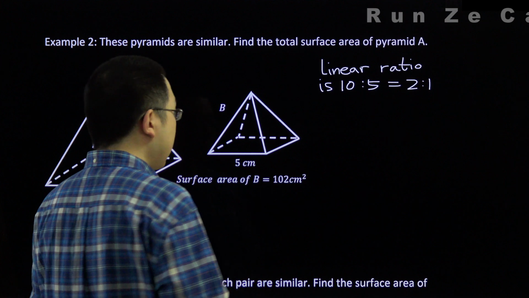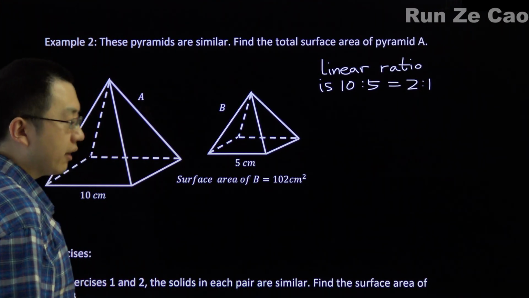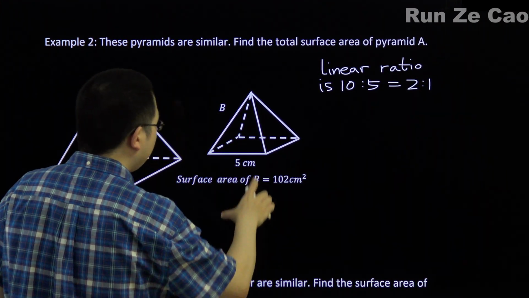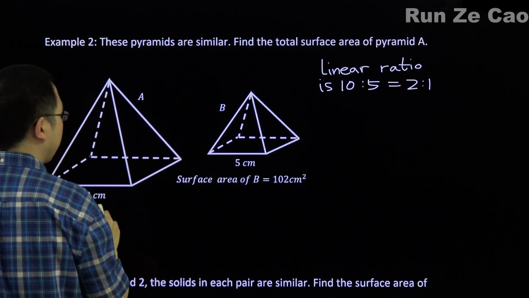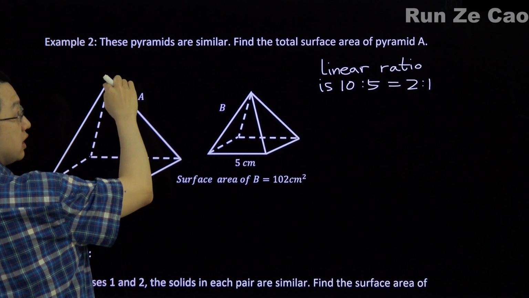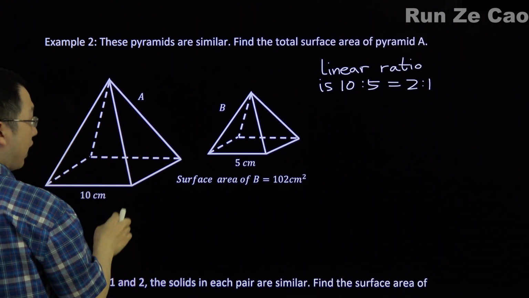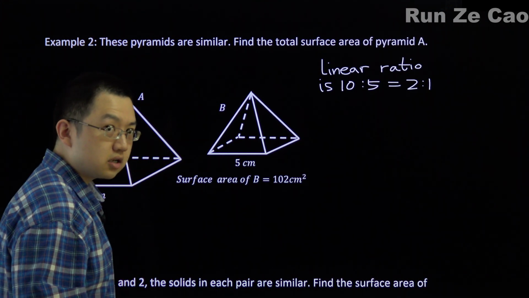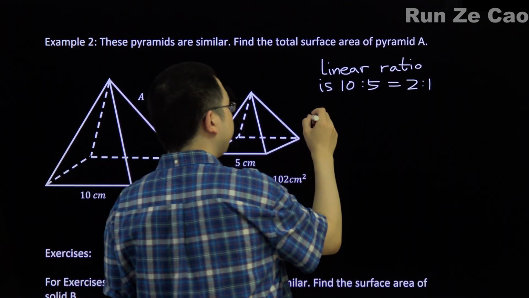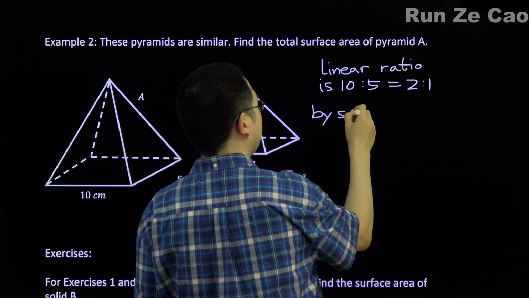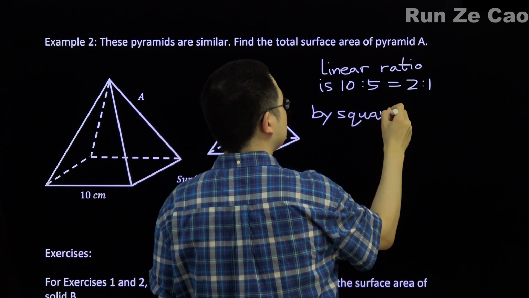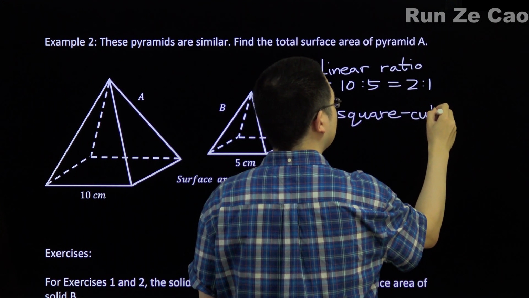But the area, what happens with the area? Oh, you have one linear dimension multiplied by the other. One linear dimension, which is twice as much, multiplied by the other. So you have this thing called the square cube law.